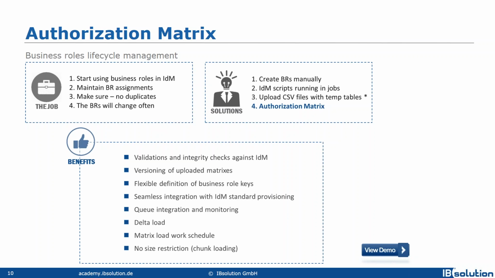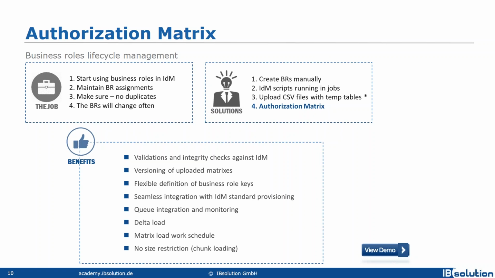However, it was not good enough for us, and we decided to create the so-called Authorization Matrix rapid deployment solution, which brings you the following benefits. First, it has validations and integration checks against IDM. You're not logging into a standard IDM console, rather you're logging in to a user interface.